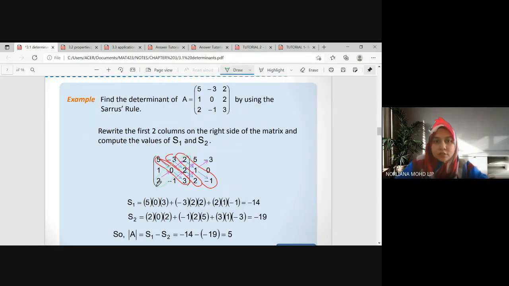Okay, 2 times 0 times 2, 0. Okay, 5 times 2 times negative 1, negative 10. Then negative 3 times 1 times 3 is negative 9. So it's equal to negative 19.